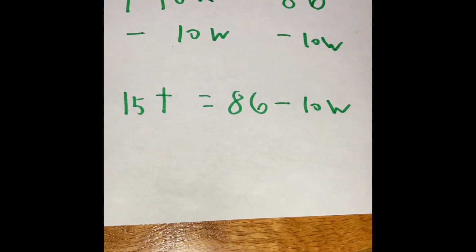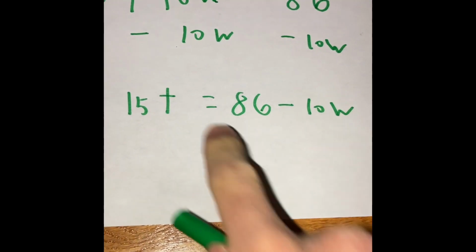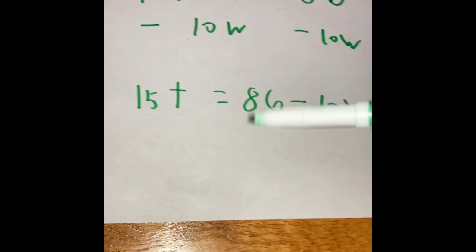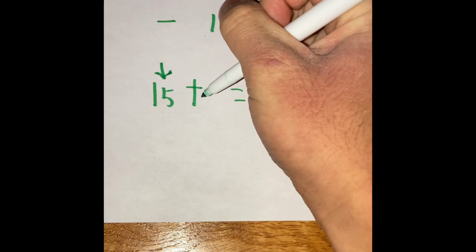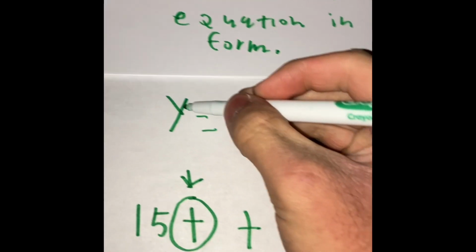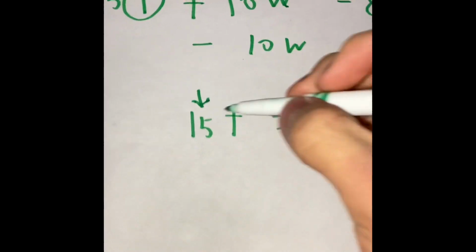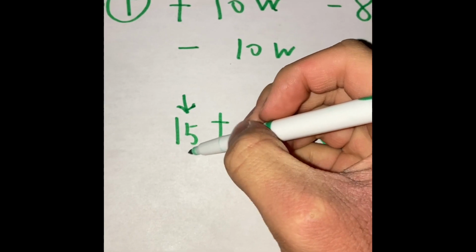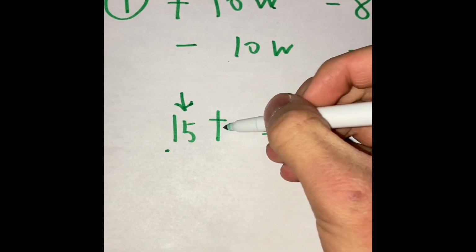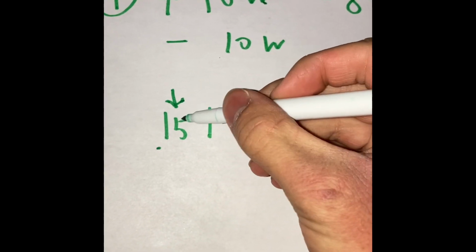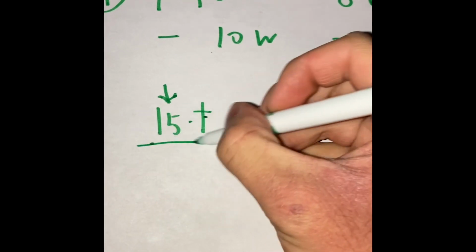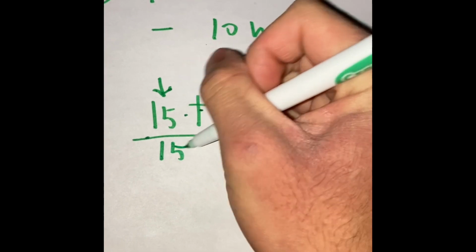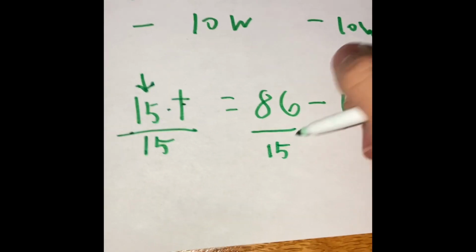There is another step we have to do to get that t isolated. That 15 is not supposed to be here. We want t isolated just like our only y. It's 15 multiplied by the number of Thrice candy, so we have to divide everything by 15.